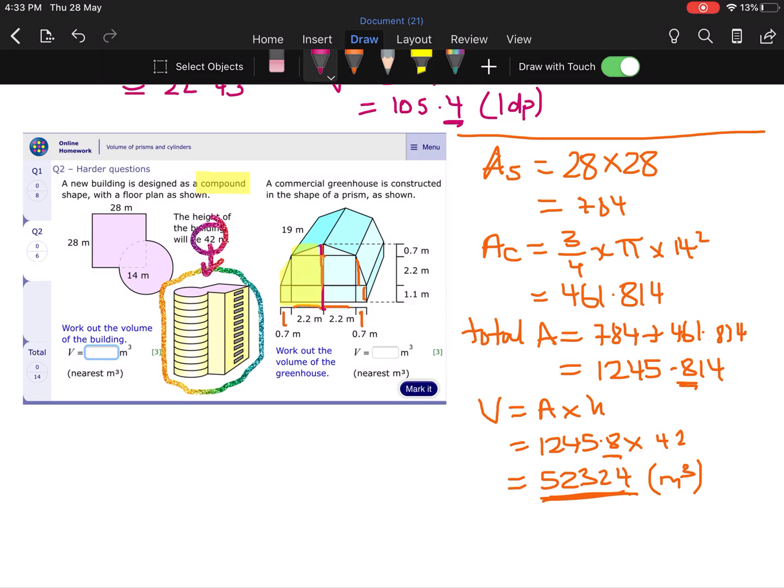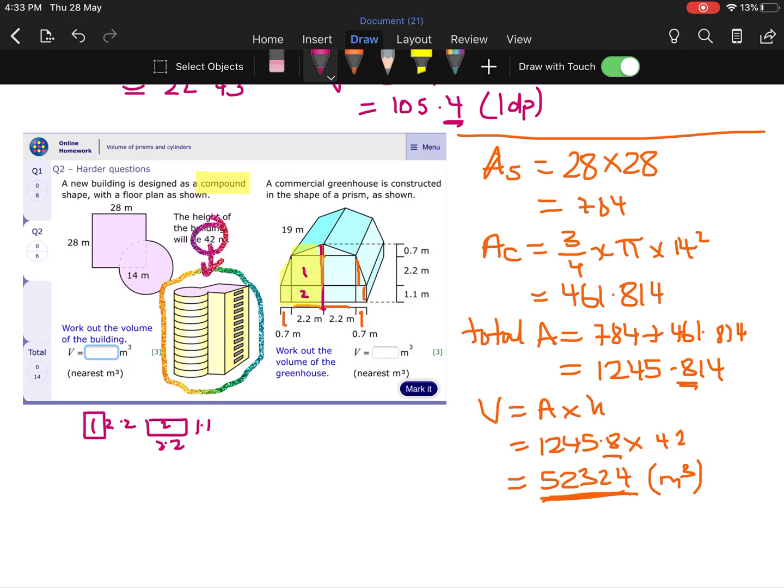So what have I got? I've got a square. So just break it up. Or is it a rectangle? No, it's a square of 2.2. So that's that one. I'm going to call that number 1. Then I've got a rectangle, which I'm going to call number 2. And that's 1.1 and 2.2.